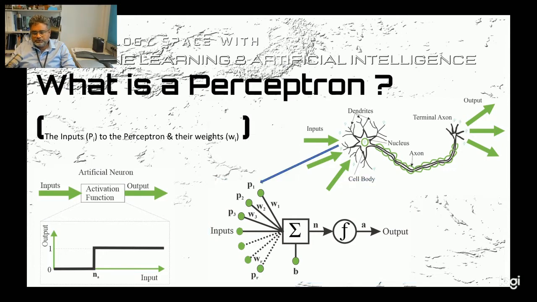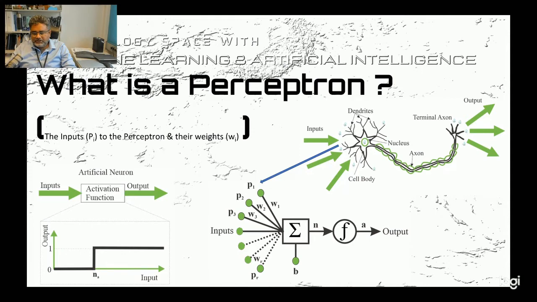So let's move on to the next slide, where we discuss how the biological neuron is related to this perceptron. As you can see, the inputs, or the electrical sparks coming into the biological neuron, go through these dendrites. These inputs in the perceptron are represented by P1 to PR, so that means R number of dendrites in this perceptron.